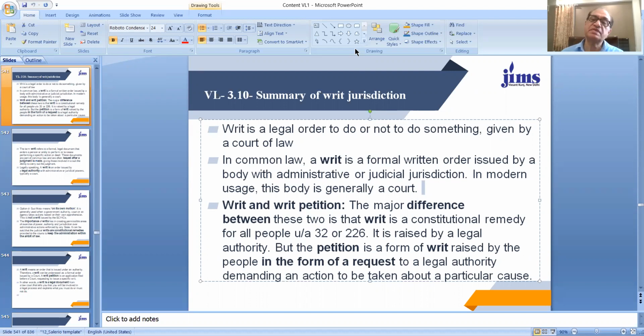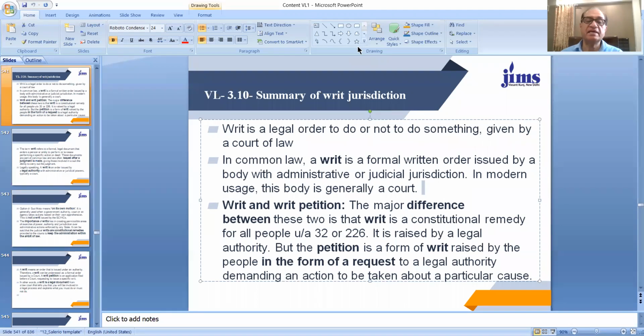Now, dear students, you must understand the distinction between a writ and writ petition. These two words are very categorical and have a specific and different meaning. The major difference between these two is that writ is a constitutional remedy to all people available under Article 32 before the Supreme Court or 226 before the High Courts.